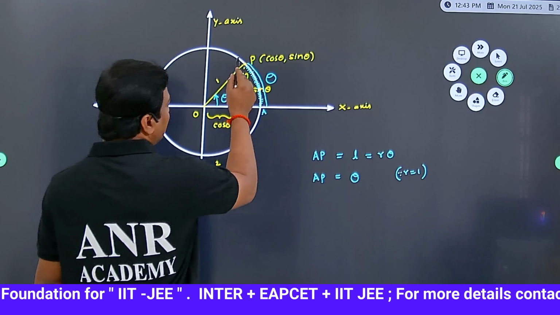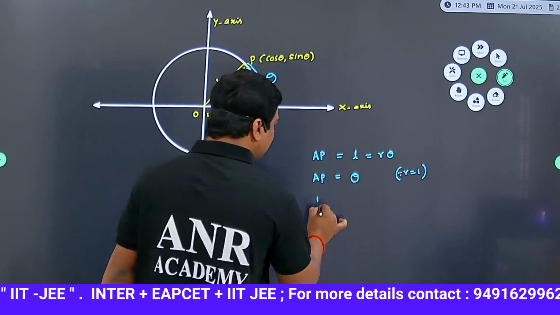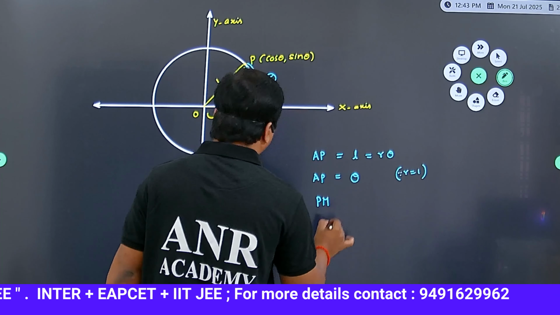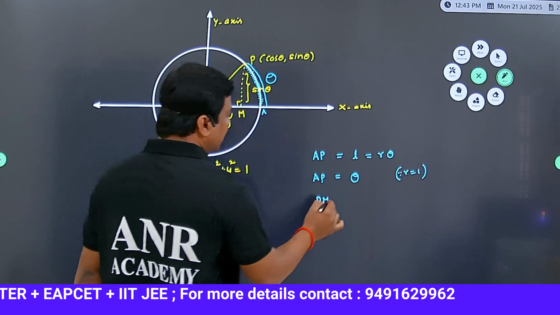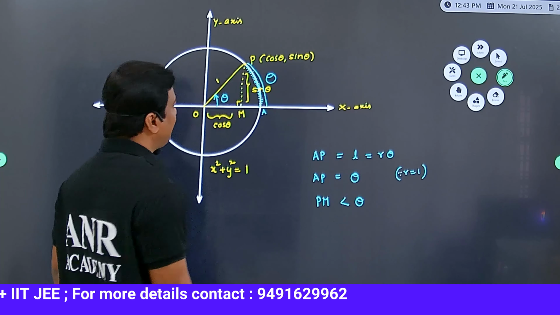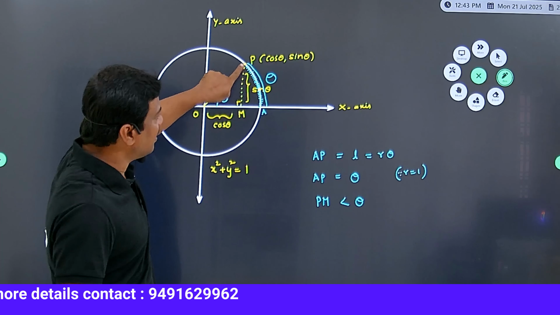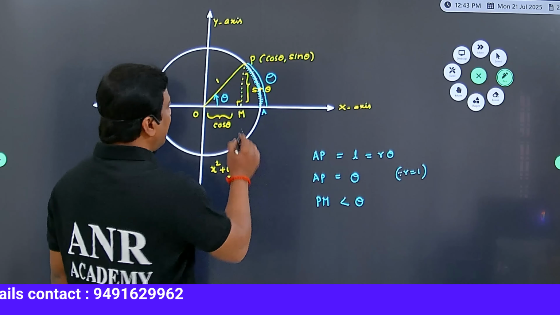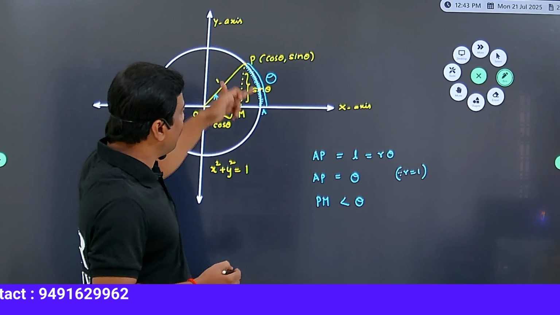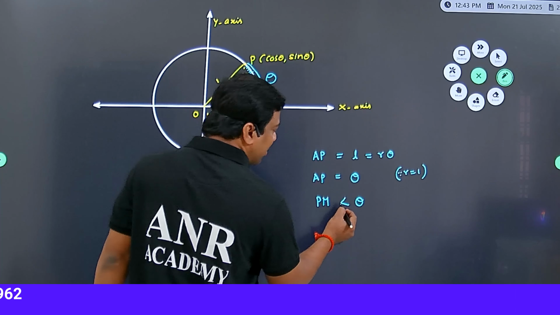And observe here P to M, the distance. It is clearly less than the length of AP. The PM length is less compared to the PA length. And suppose P coincides with A, then equality holds.